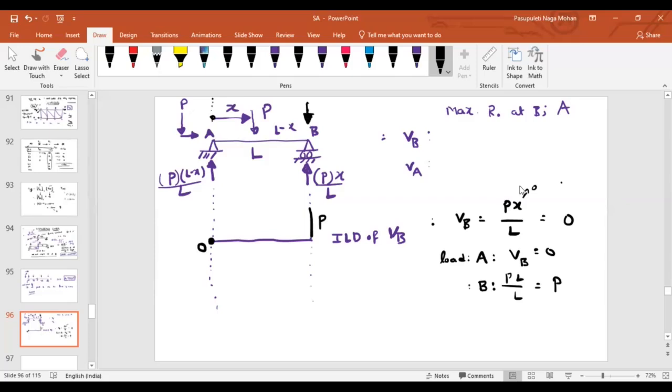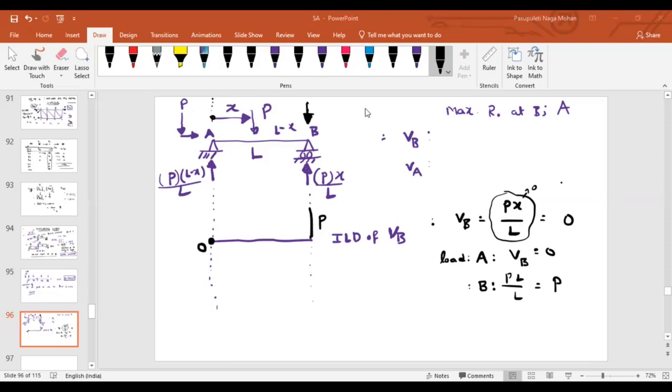What about in between A and B? Again, wherever we want, we have to substitute the X value and find it out. What are the variable quantities in the equation Px by L? X. What is the power of X? 1.